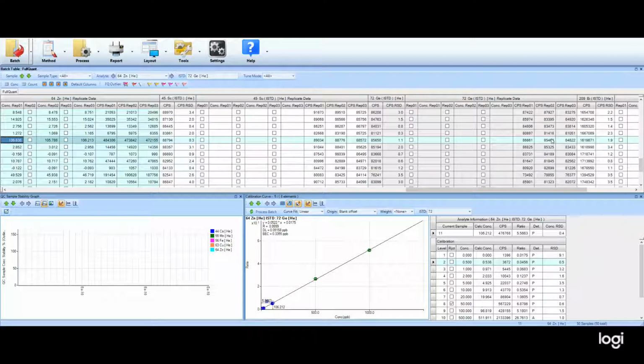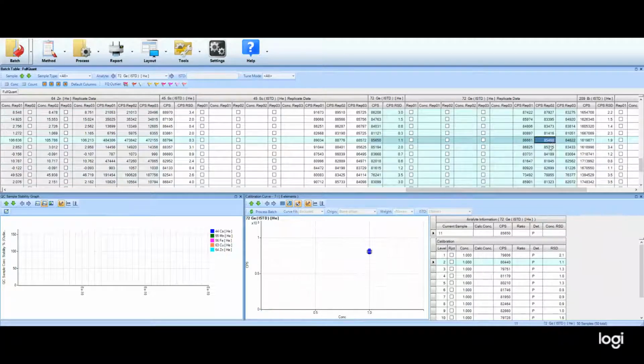If they were to vary dramatically, for example, if instead of 86,000 or 85,000 one were 120,000 and it were only this element, the relative standard deviation would be huge. What I could do in this case is say, okay, this is clearly an outlier, it doesn't belong here, something must have happened, and I will ignore this value.